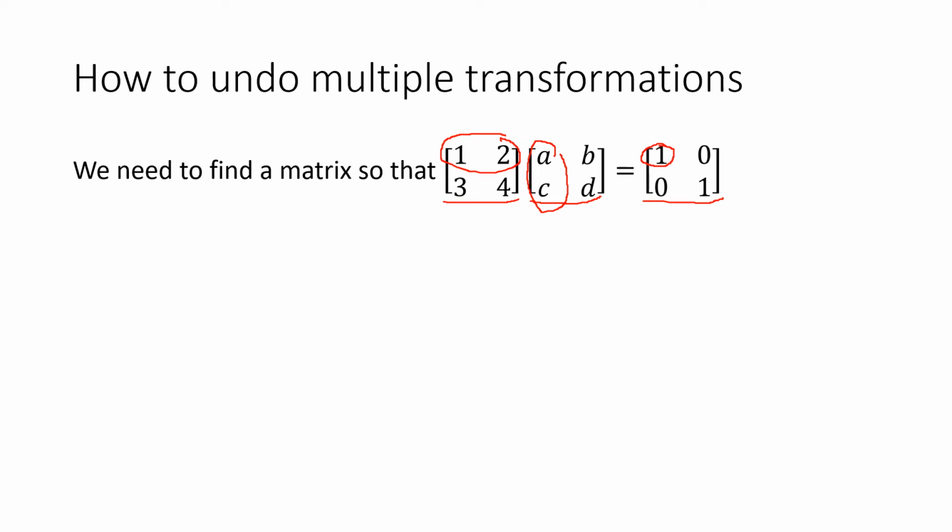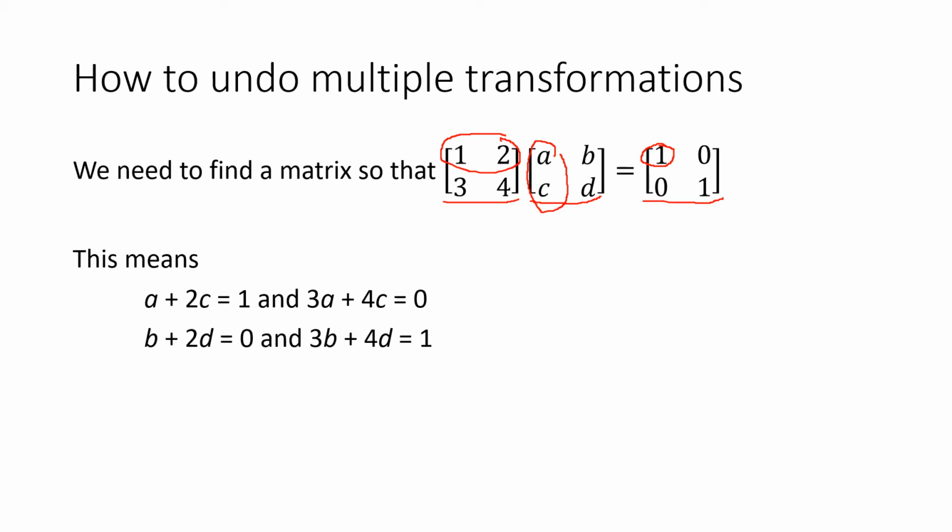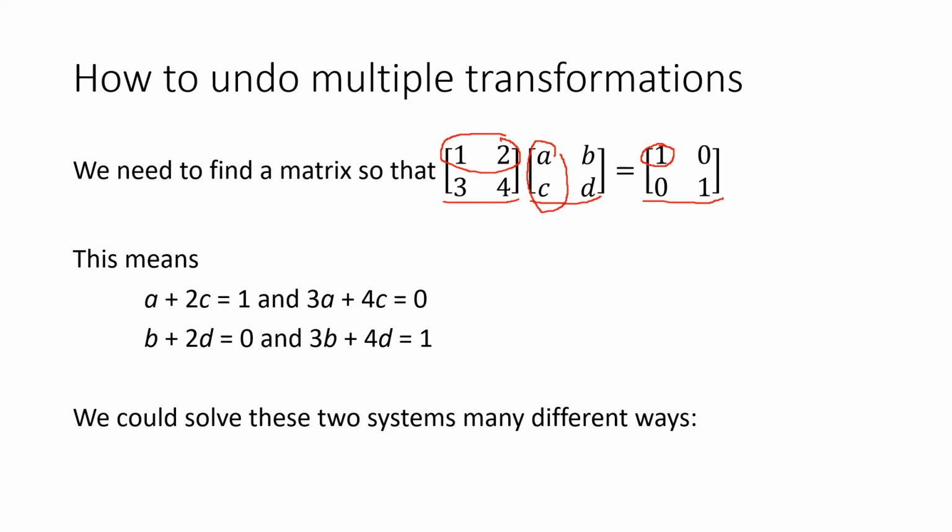And then we continue through the rest. Second row, first column, tells us that 3A plus 4C has to be 0. When we go to the rightmost columns, then we have two more equations. B plus 2D has to be 0, and 3B plus 4D has to be 1.